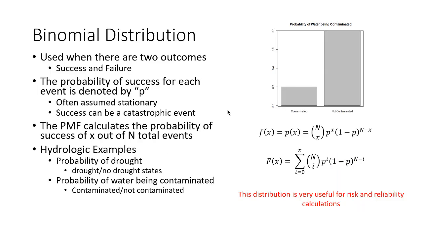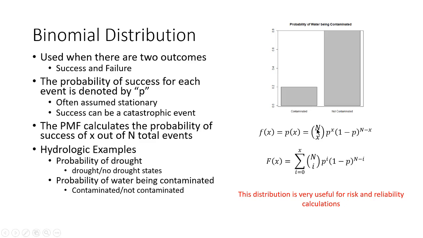The probability mass function for the binomial distribution is given by this. This, you may recall, is a combination function. Basically it's saying, if I look at n events, where the total number of events is n, what is the likelihood of getting X successes out of n possible events, where P is the probability of success?